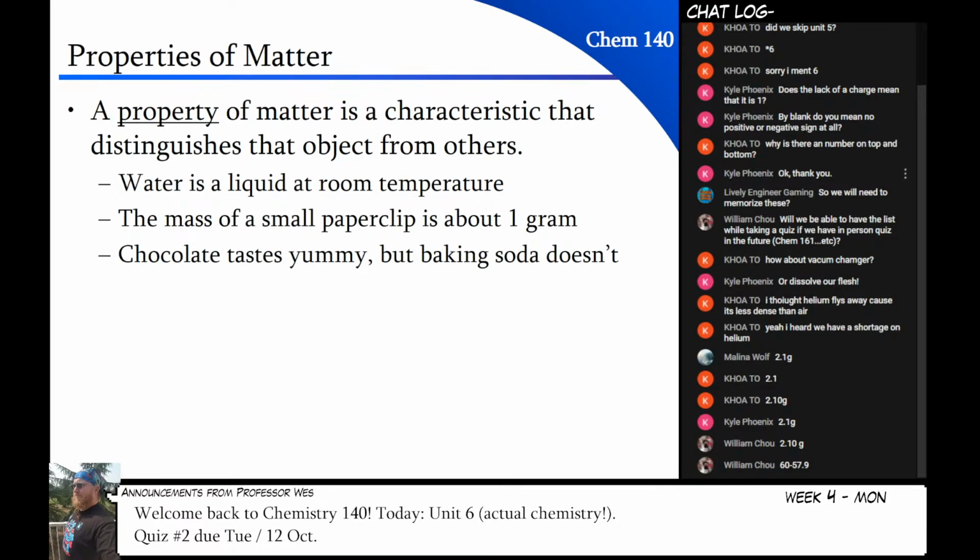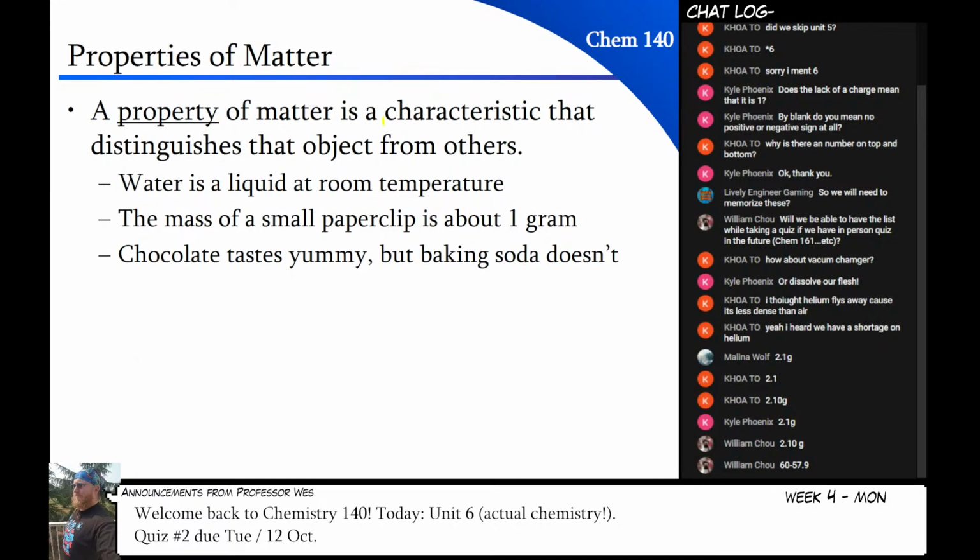All right, we're going to subdivide these ideas into both properties and changes. We're going to subdivide all of those things that we just talked about into either being a property or a change. Most of the things that I talked about on the previous slide were changes, but we can also assess properties of an object too.